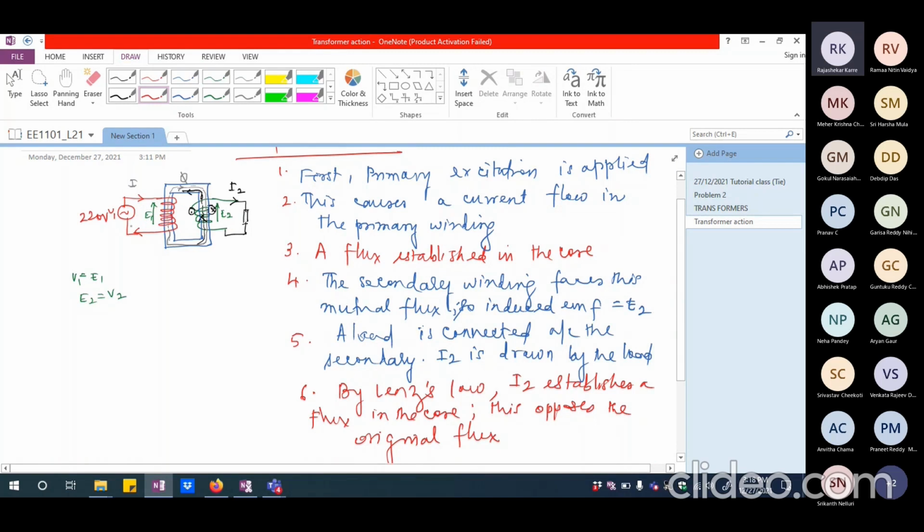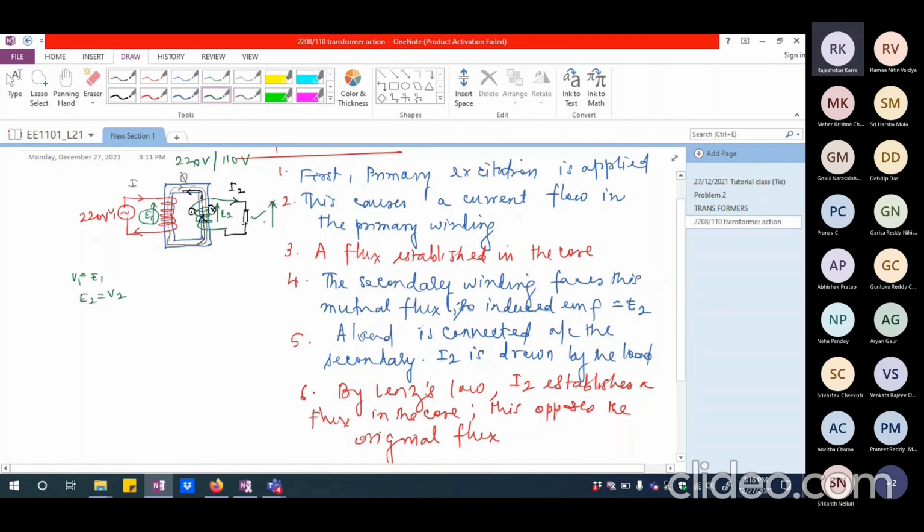So there is going to be a good amount of induced EMF here, what I have shown as E1. So this is going to be almost equal to V1. So hardly any current will flow here. Very small current. Whereas when I connect a load here, maybe if I talk about this transformer as a 220 volts/110 volts transformer, I will be getting about 110 volts here.